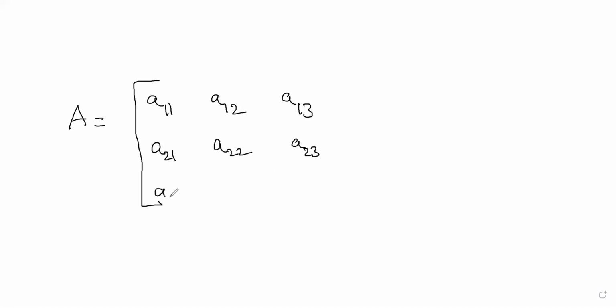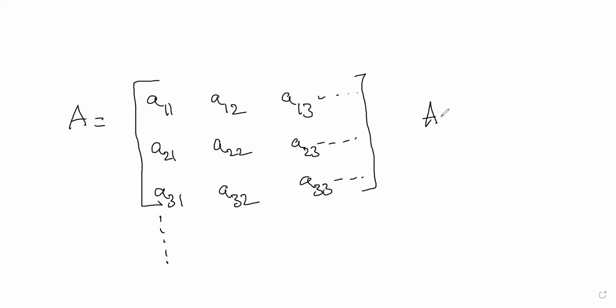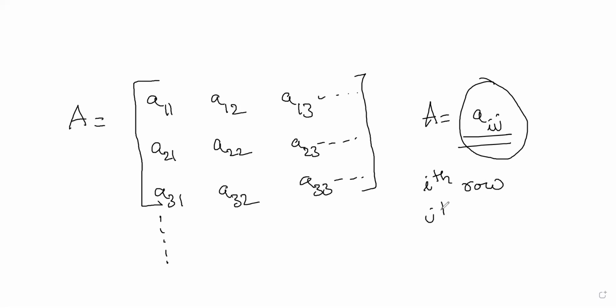Similarly A31, A32, A33, and it goes on like this. It can be n rows and m columns, so you can have any kind of matrix. In general, the elements of matrix A are written as Aij, where i is the ith row and j is the jth column. Clear?